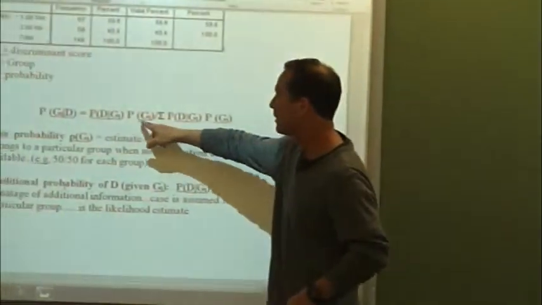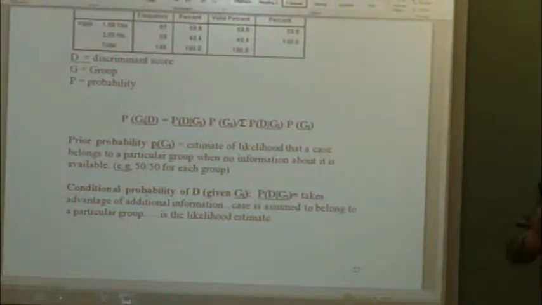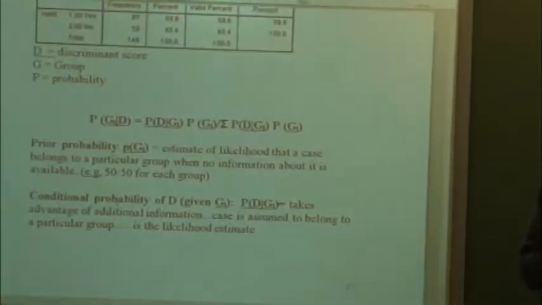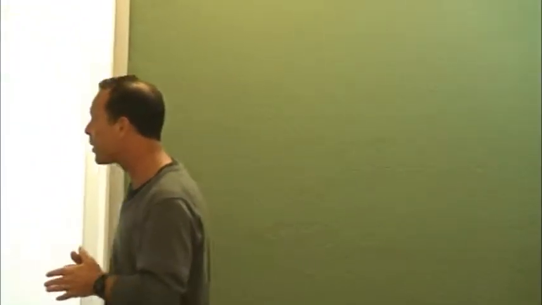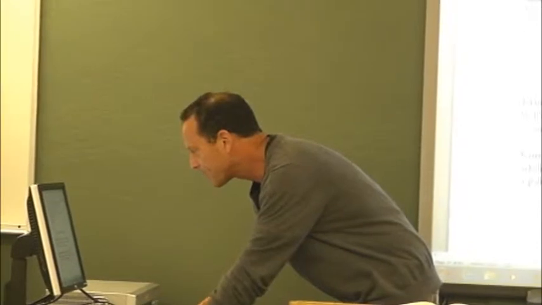So this is called a prior probability. This is the estimate of the likelihood that a case belongs to a particular group. If you have 2 groups, even odds would be just what? Flipping a coin, 50-50. When you have no information available, sometimes in Bayesian statistics they will call this a uniform distribution.